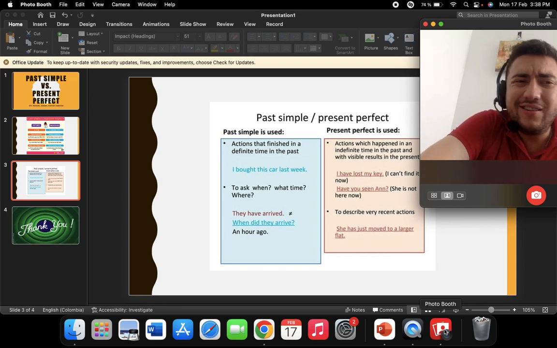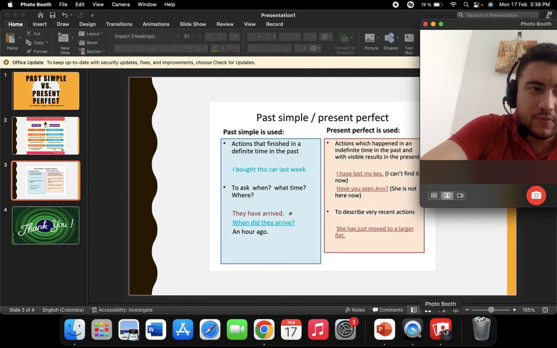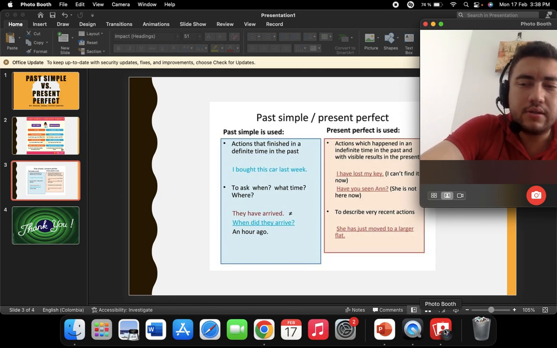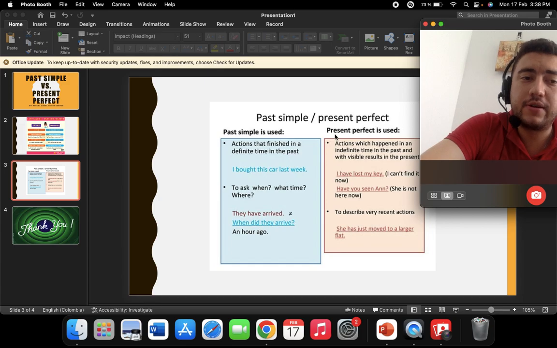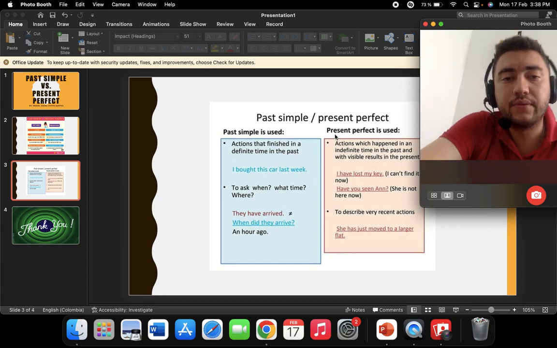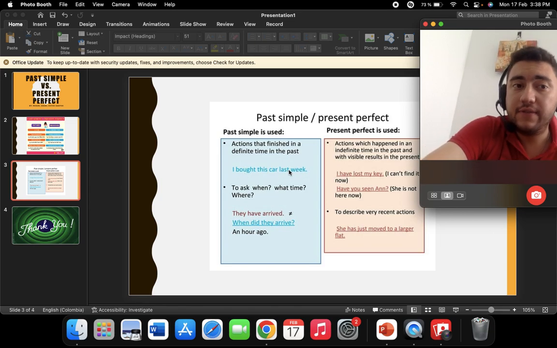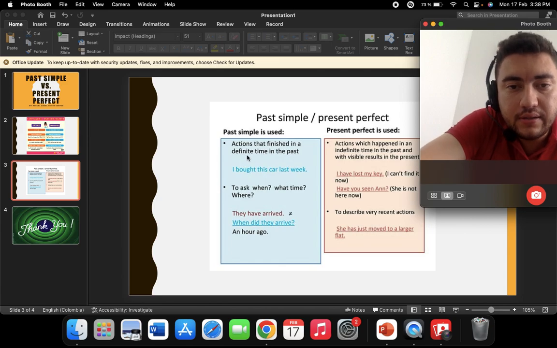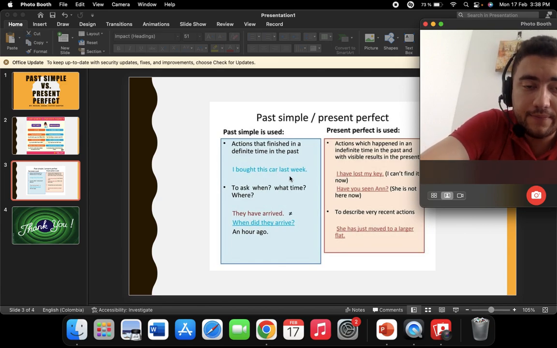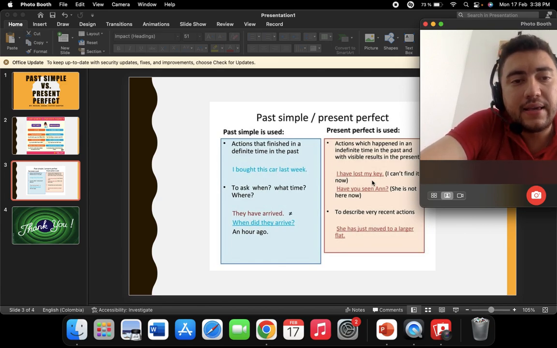But when we are not using them, we can identify that we're using present perfect. For example, past simple: I bought this car last week. Last week is the definition of definite time in the past.